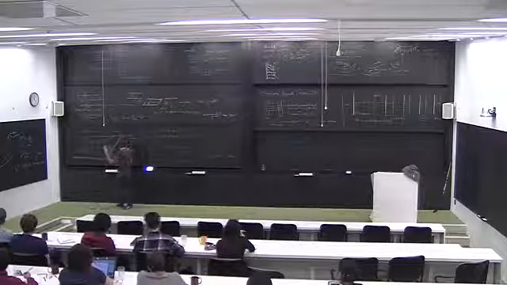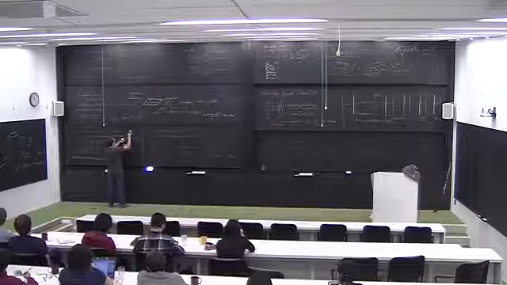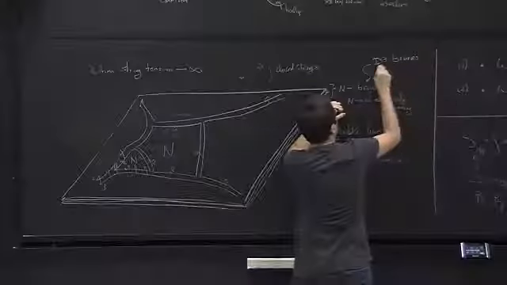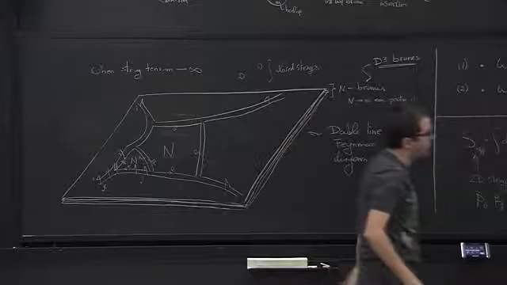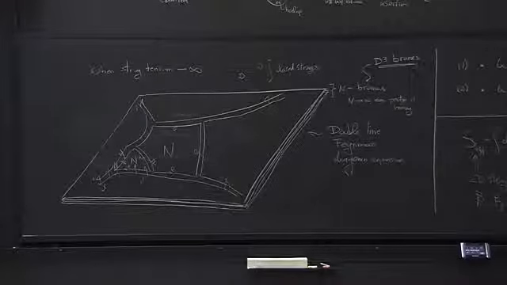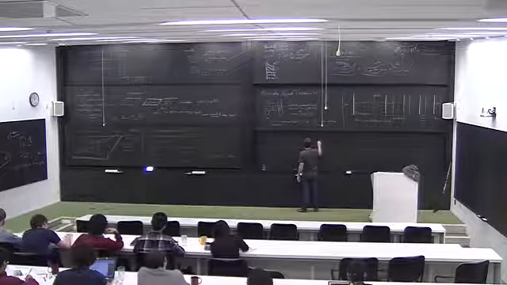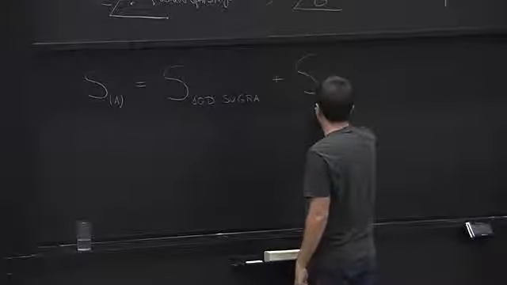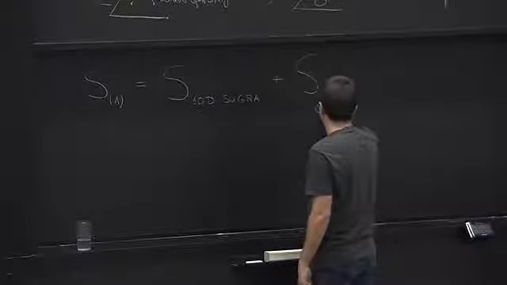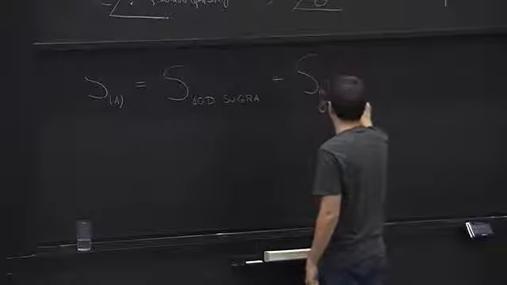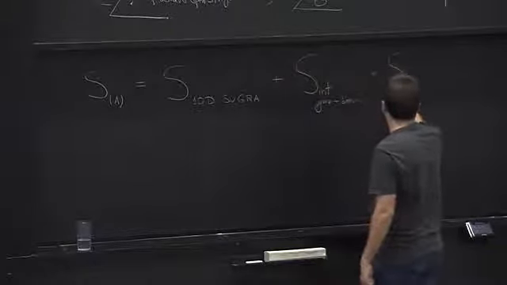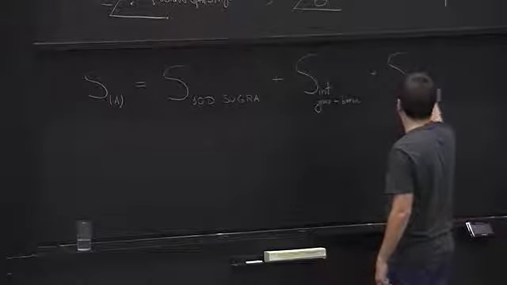So the ones we are going to consider are N D3 branes. So let's consider this setup. Then we have the 10-dimensional action. We have the interaction action of bulk gravity with the brane. And then we have the action of the D3 brane.